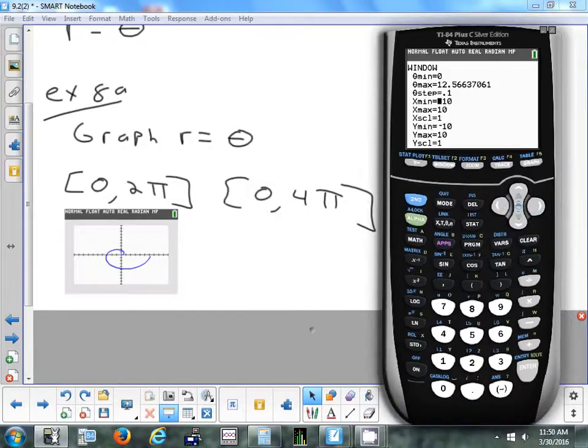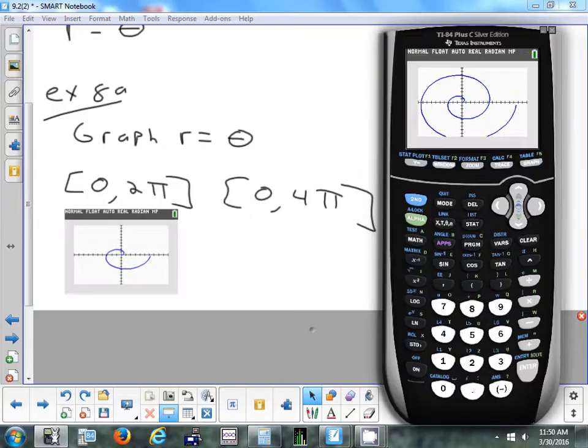Now, keep in mind, your spiral doesn't come close to hitting the maximum in every direction. It's really only where it ends. If we go 4 pi, it's going to come the farthest out on the positive x-axis, so we might be able to get away with just making that one bigger. Let's see if that works.